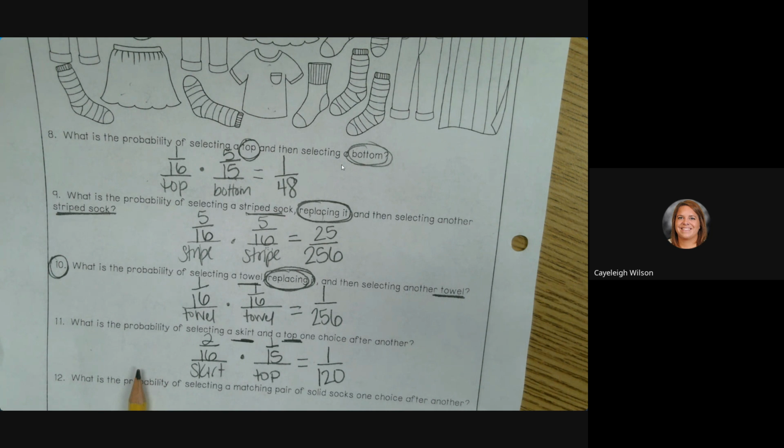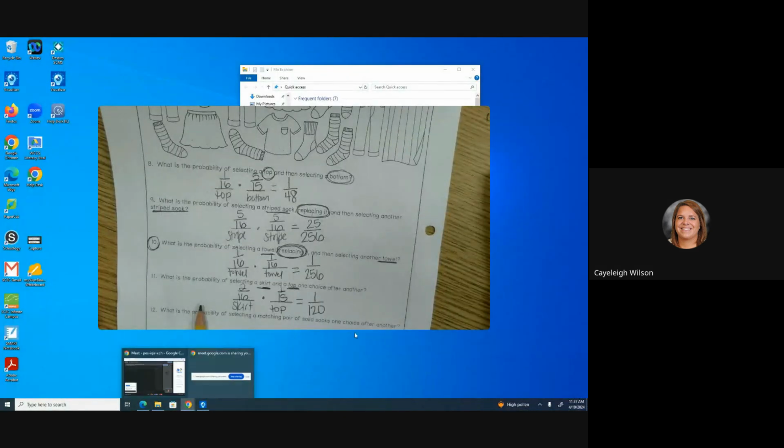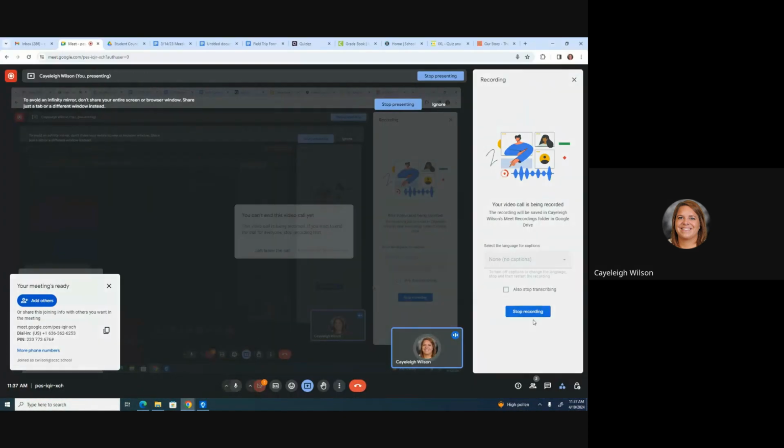Well, you'll still have to take it. Alright, so this is our homework. You crossed out number 5. So we're crossing out number 5 on the homework.